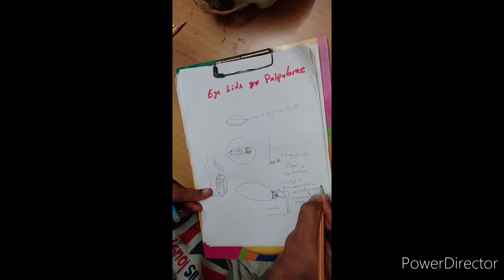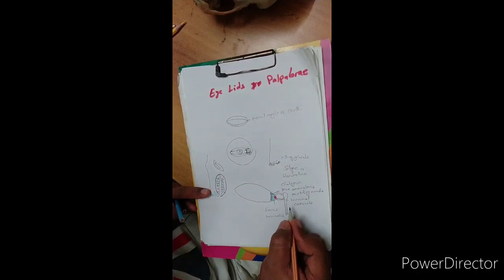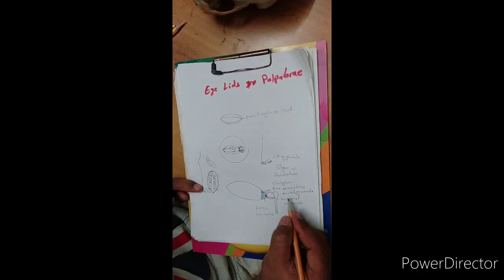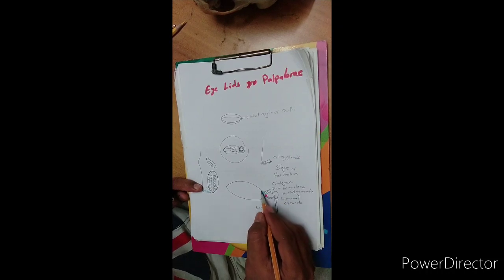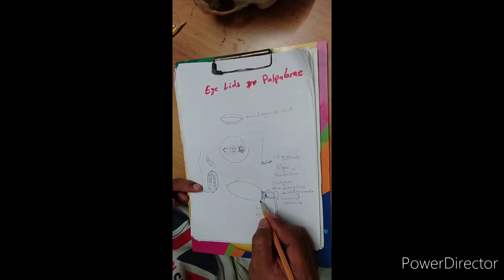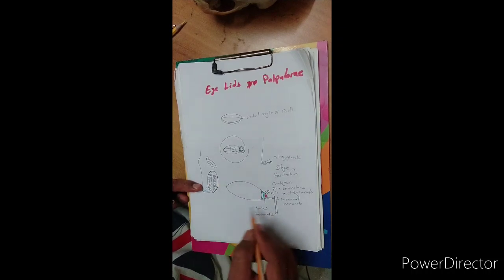So this is a fold of the conjunctiva on the lateral side of the lacus lacrimalis, lateral to the lacrimal caruncle. So these are the general features.